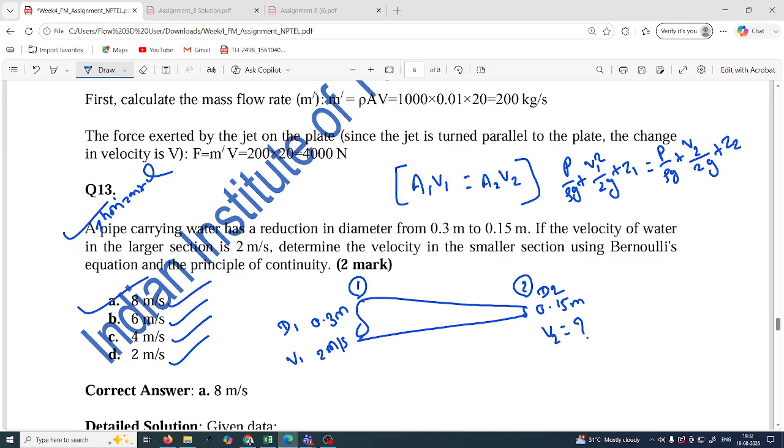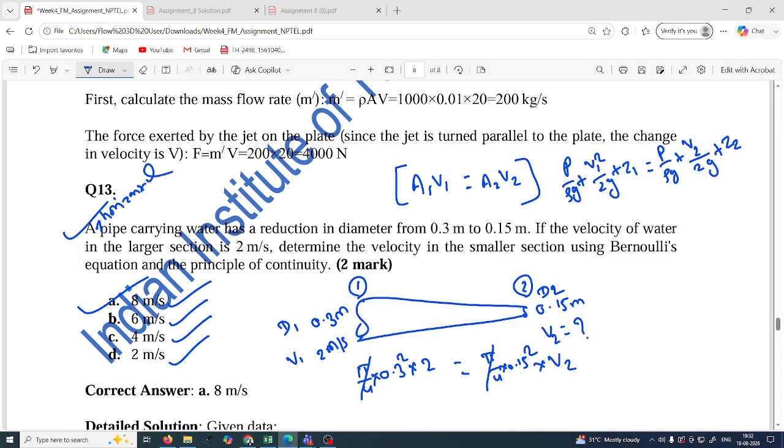But how? Pi by 4 into D square, 0.3 into V1, 2 meter, is equal to pi by 4 into 0.15 square into V2, you need to calculate. So pi by 4 will cancel out.